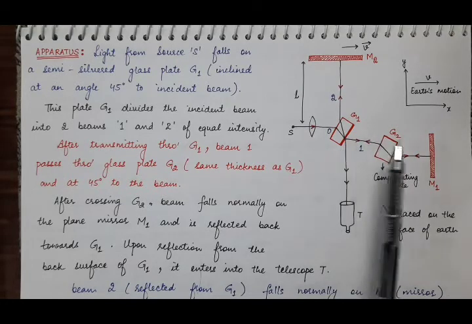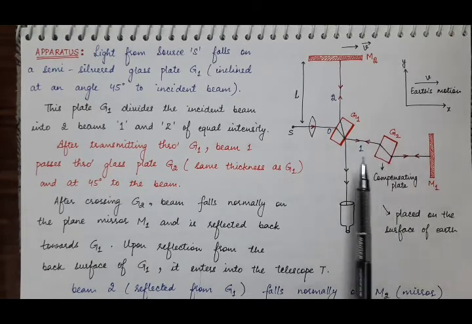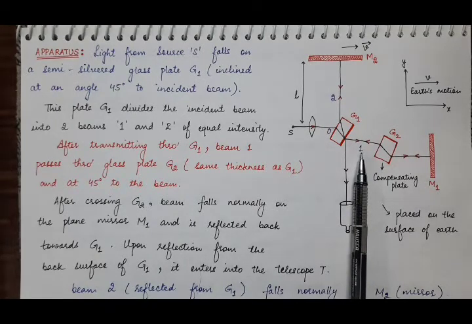But in case we haven't used this compensating plate, then after getting transmitted from this glass plate G1, this beam number 1 is not passing through any glass plate any number of times.